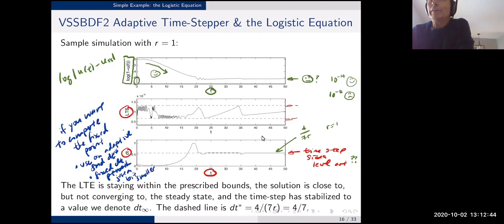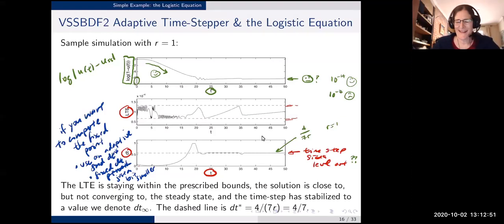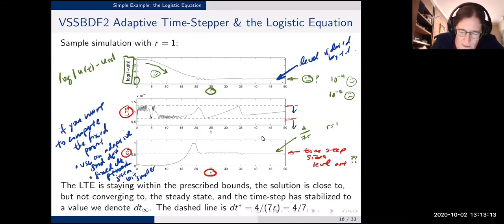But may I ask a question? What's the impact of diminishing the tolerance here? Do you get the same behavior when you get the tolerance to 0? Yes, exactly right. What's interesting is that this level is determined by the tolerance. If I were to shift the Goldilocks zone downwards, then I would get closer to the steady state.